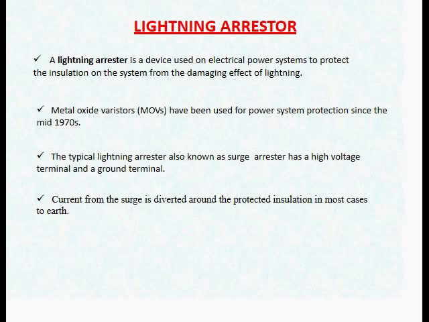The typical lightning arrestor, also known as surge arrestor, has a high voltage terminal and a ground terminal. Current from the surge is diverted around the protected insulation, in most cases to the earth, as I have discussed. This is a picture of a surge arrestor or lightning arrestor.